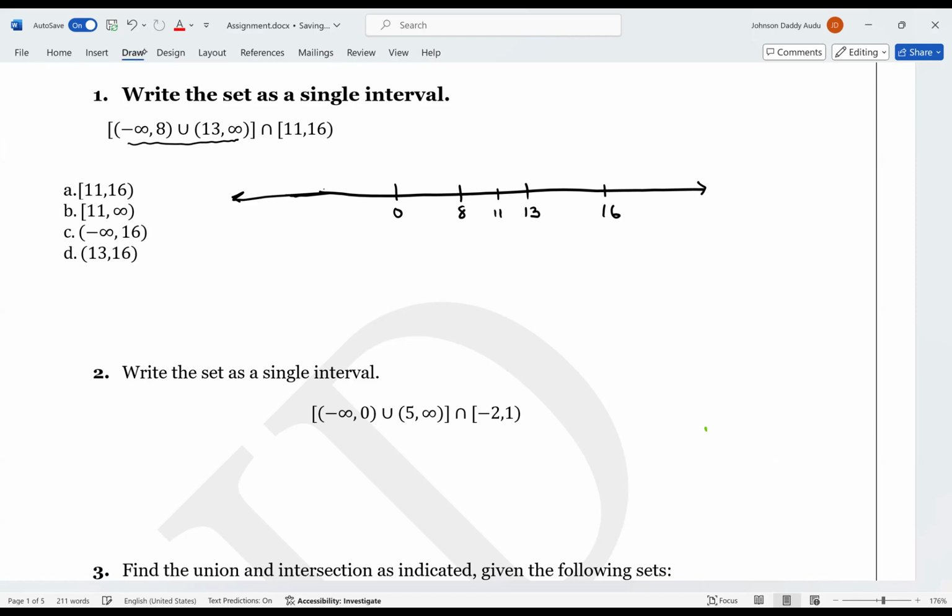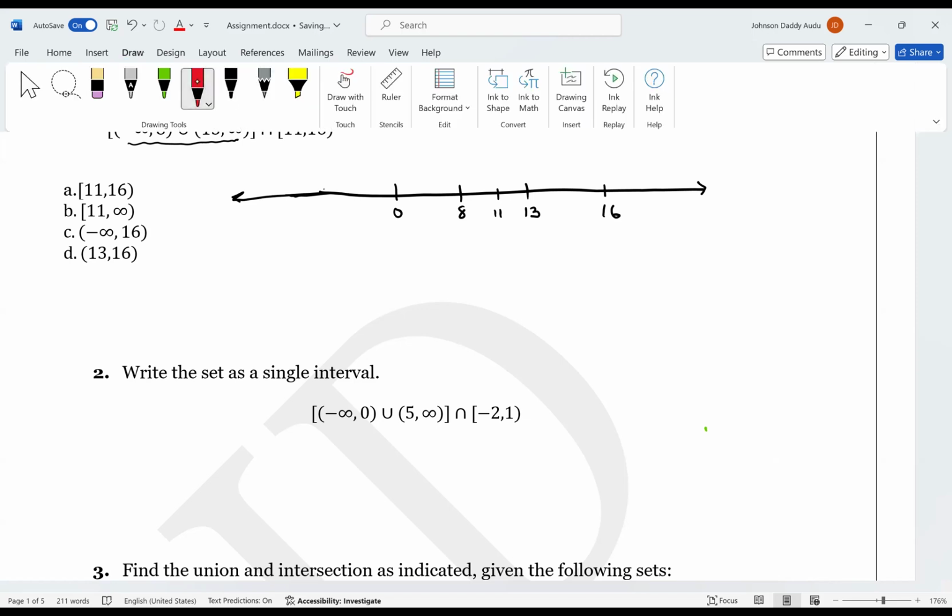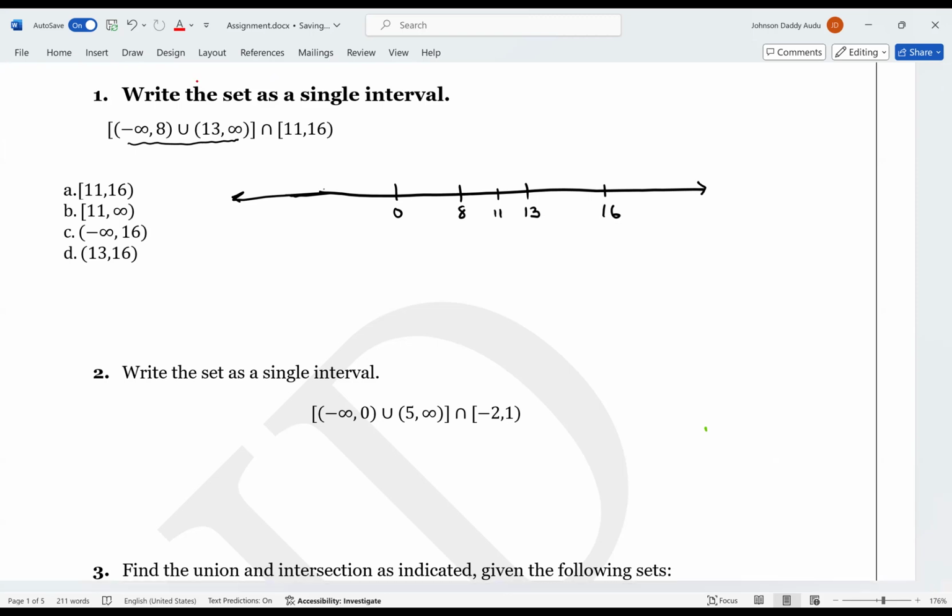Now, if we're dealing with the one inside, let's do that in red. Minus infinity to 8. So coming this way to 8. So this is going to be open.